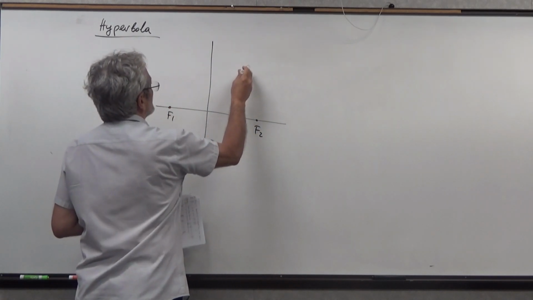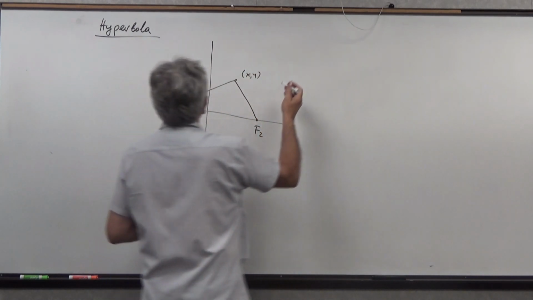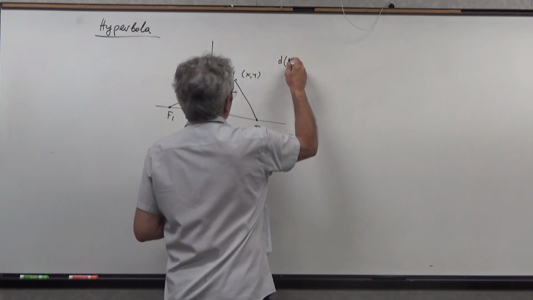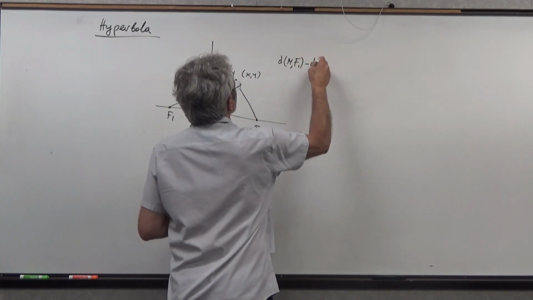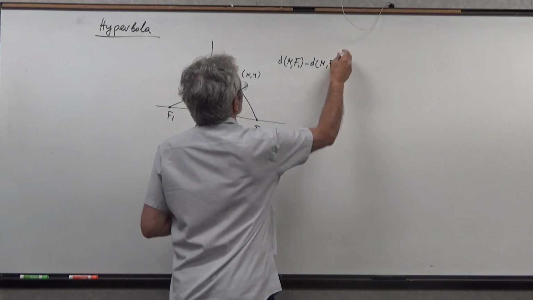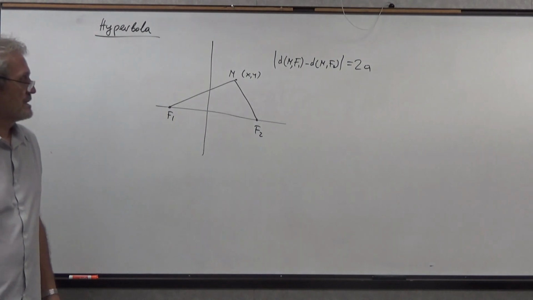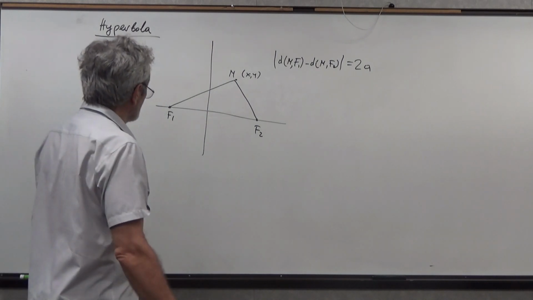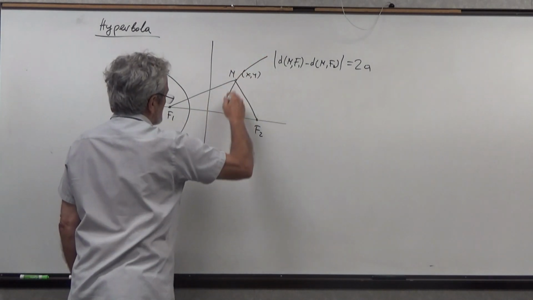It's defined as the set of all points x and y such that the difference of those two distances, so for a point M, the difference MF1 minus MF2, by absolute value, is fixed and equal to 2a. And if you do a similar calculation to what we did last time with the ellipse, you will get that all these points look something like this.